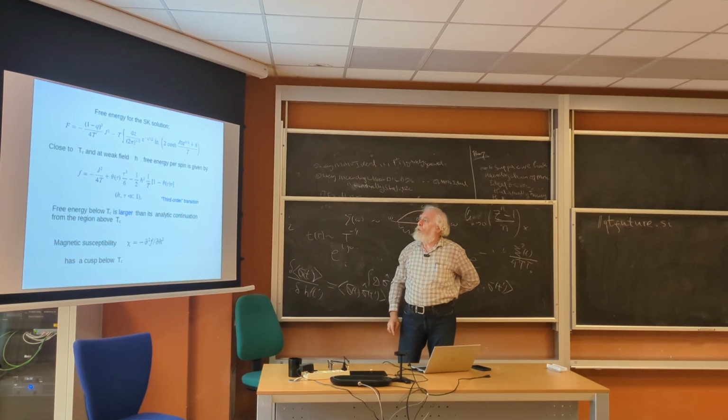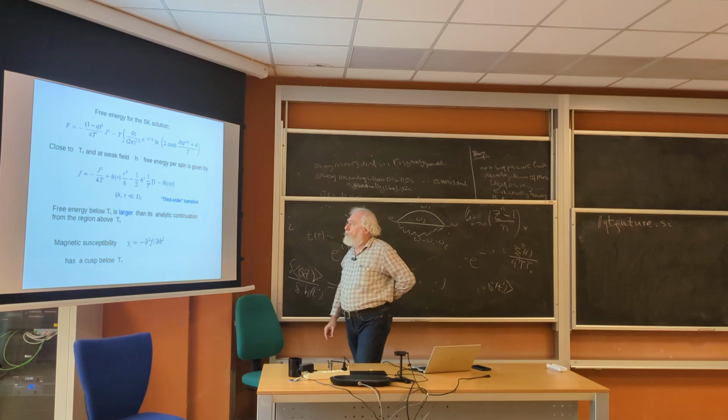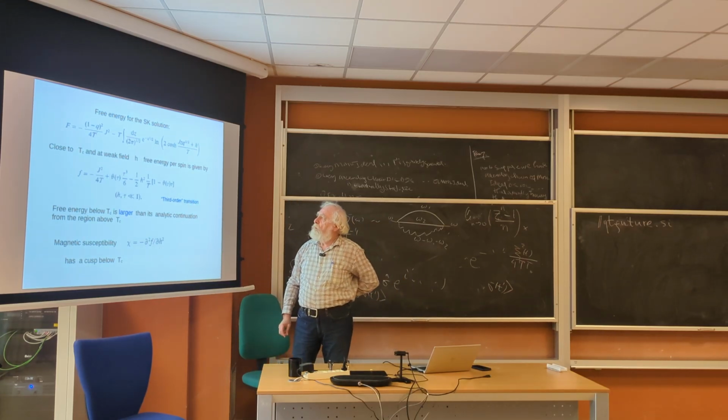When close to Tc, free energy per spin is given by this expression. You can recognize here again this tau cube term, which we already found in the Thouless-Anderson-Palmer approach.